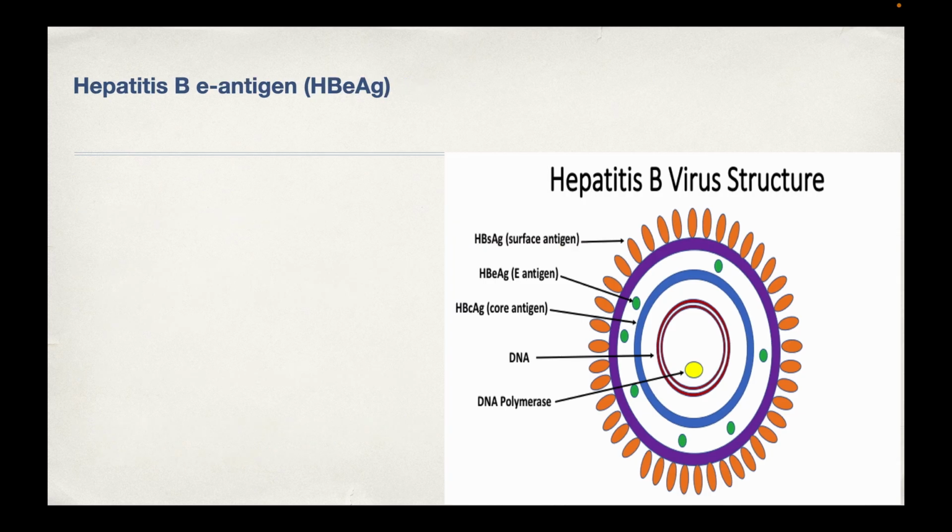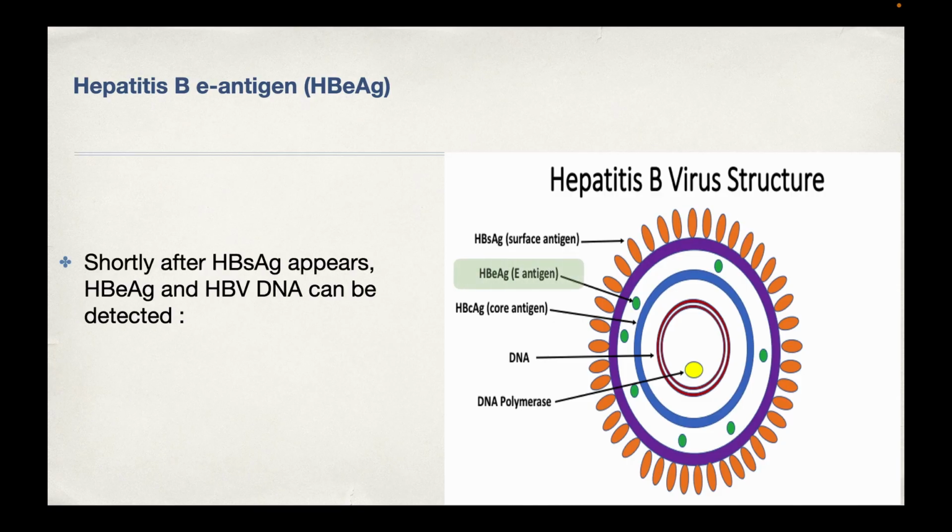The second one we are going to look at is the hepatitis B E antigen. Now, the E antigen, shortly after the person has developed the hepatitis B surface antigen, appears together with the hepatitis B viral DNA. And so we are able to detect it after you have developed the surface antigen.